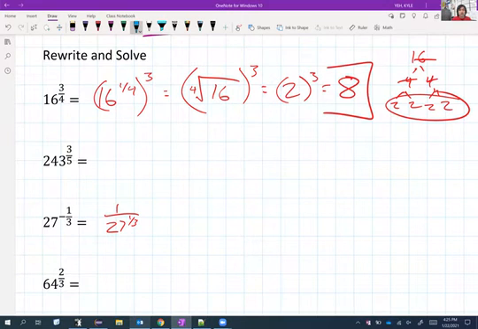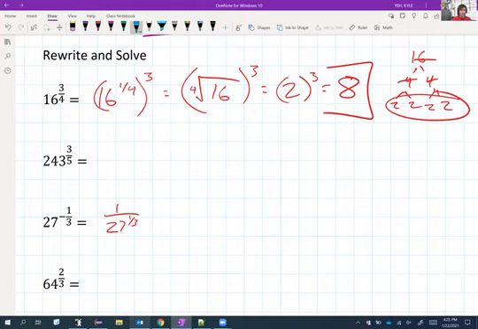All right, now that you've had a chance to work on some of those problems, let's work them out together. This first one, the 243, is a great example of where I probably don't want to cube 243 and then look for groups of 5. That would be a huge number.